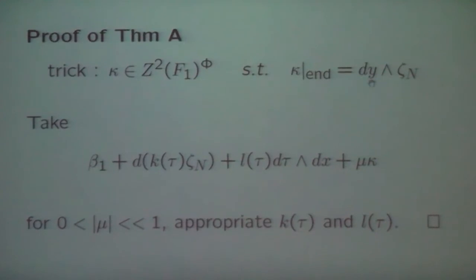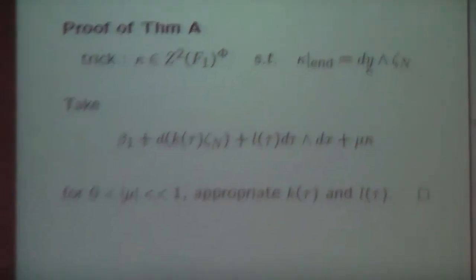So what we have is e tau, some constant times e tau d tau wedge dx plus some constant times dy zeta n, dx dy. But this was d of e tau zeta n.